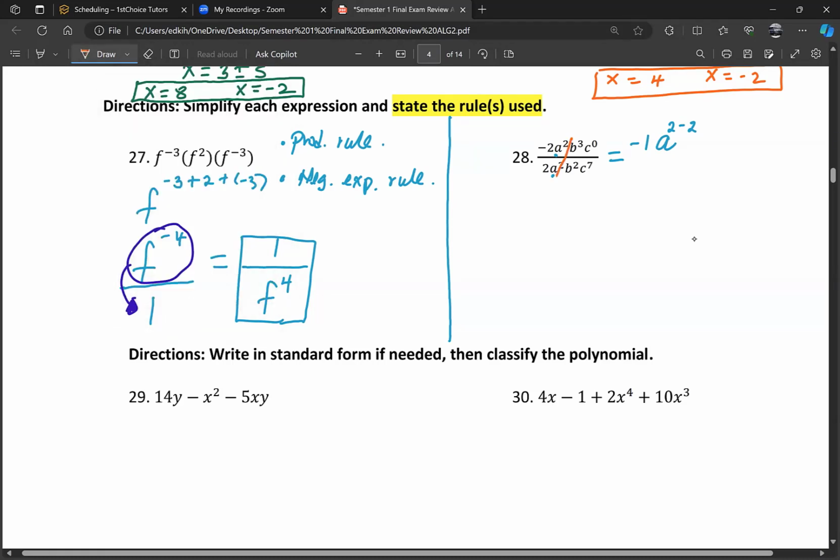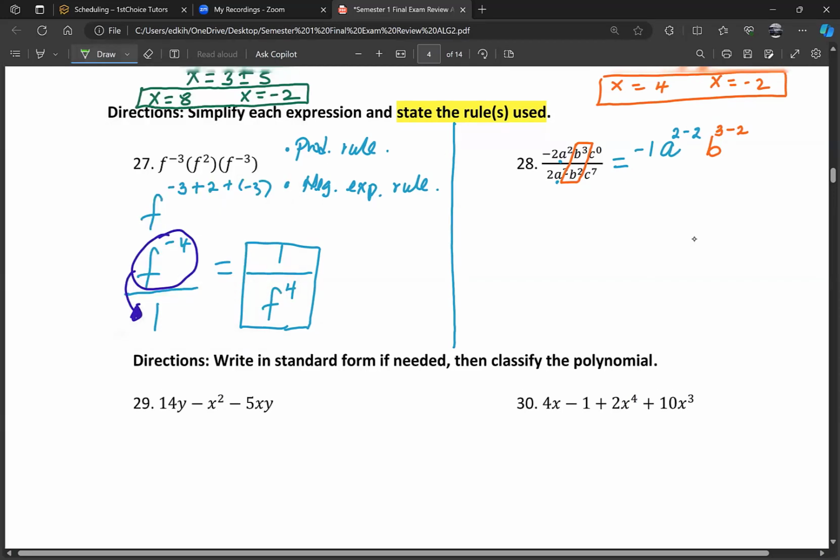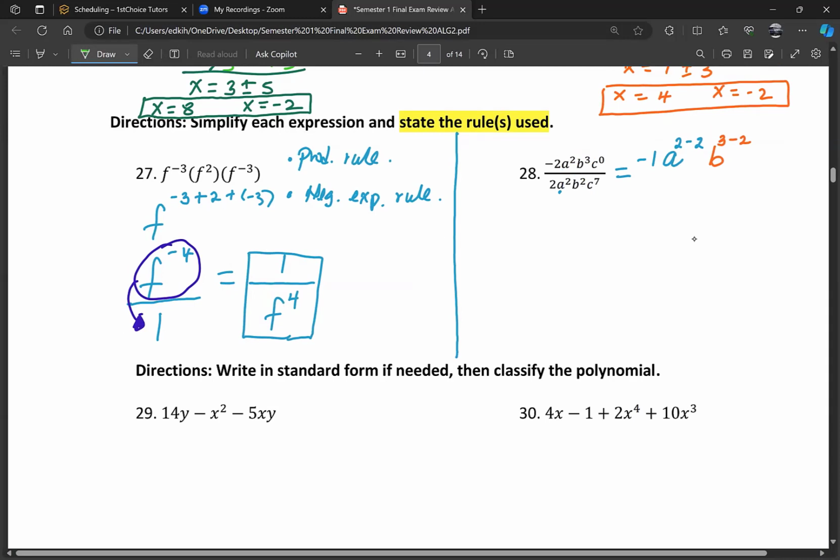B's here, again, they have the same base, so you keep the base and you subtract the bottom one from the top one. Now we're going to move on to C's. And by the way, there's an easier way to do this, but I'm showing every step like this so I don't lose some of you guys. Keep the base C, 0 minus 7. You subtract the bottom one from the top one.